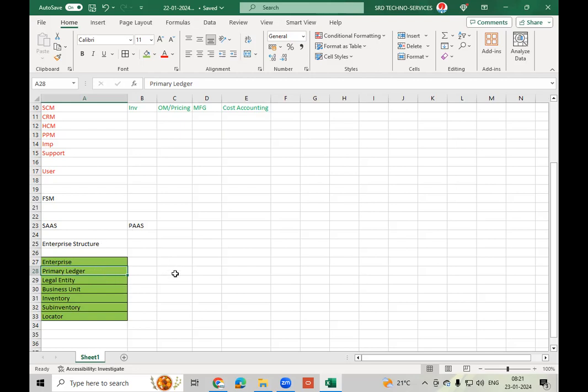So in that case, in HCM human capital management, we will configure this division and department. But these two are not mandatory to configure under the enterprise structure. Whatever I listed here, those are mandatory. Every implementation you must define.